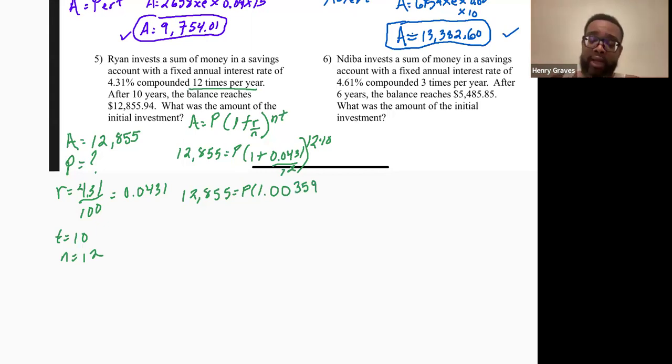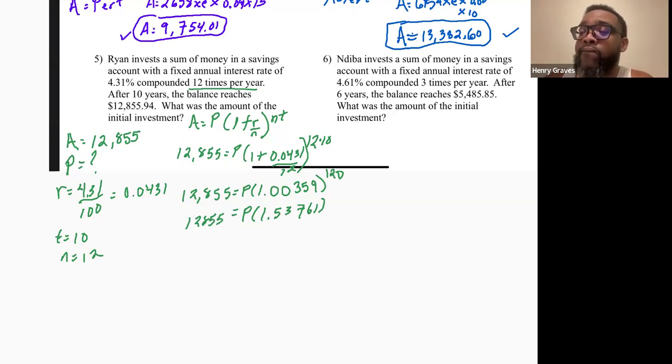So when I take that number and raise it up to the 120th power, I get P times 1.53761. Then 12,855. I'm going to divide 12,855 by 1.53761, on both sides.